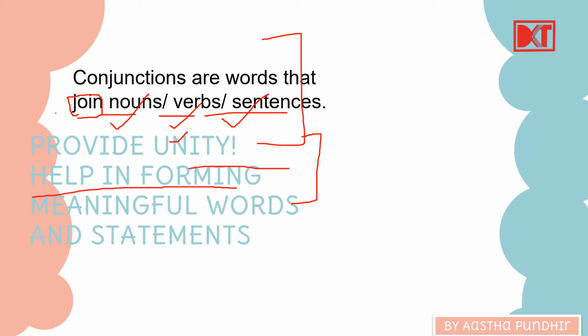Conjunctions are words that join any nouns, verbs or sentences. Alright, तो यही आपको याद रखना है बस कि जो words join कर रहे हैं ना, join करने का काम, unity provide करने का काम, meaningful words and statements बनाने का काम, वही होते हैं conjunctions. Alright, let's start.